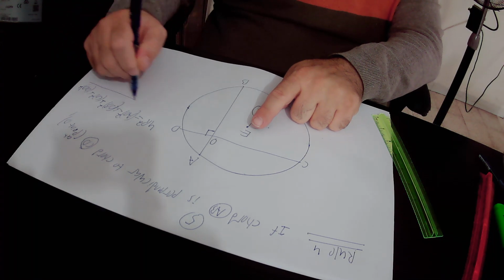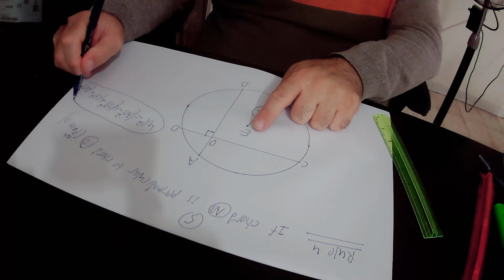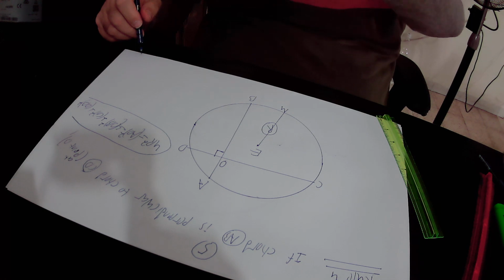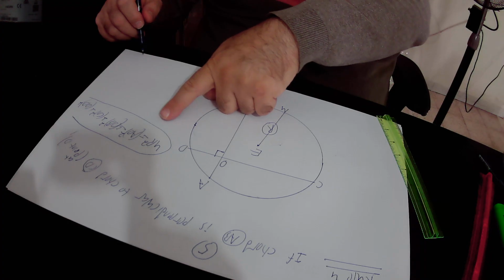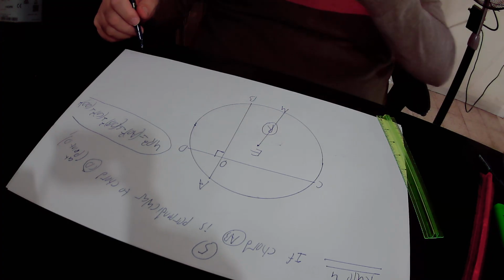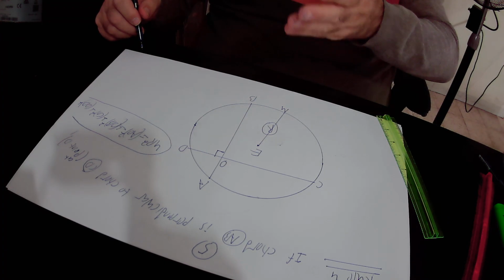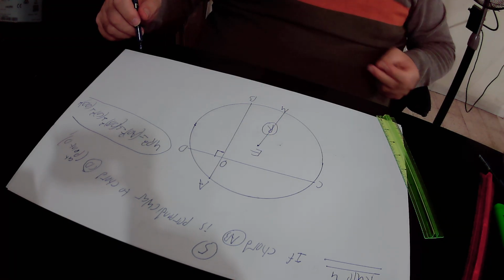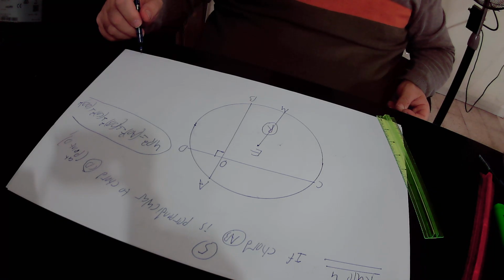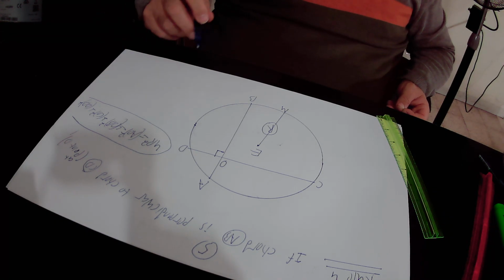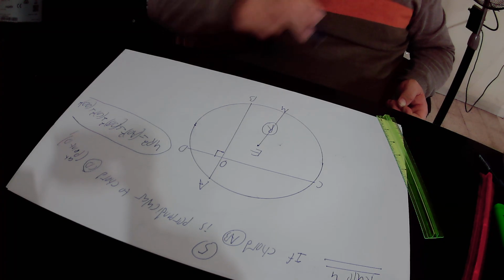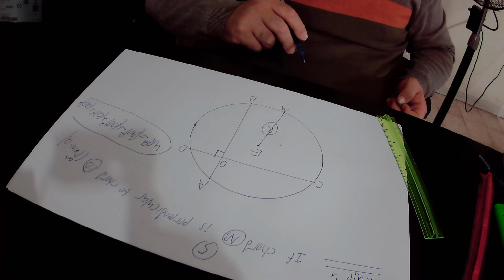So whenever you have two chords that are perpendicular to each other, then you can find out the radius of the circle that contains the two perpendicular chords by using this formula. By using this formula, we will find out the radius of this circle, and the radius is equal to capital R.